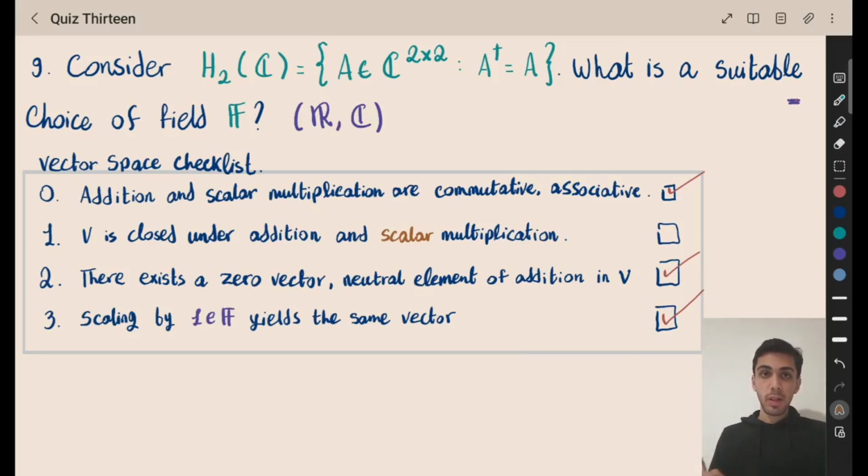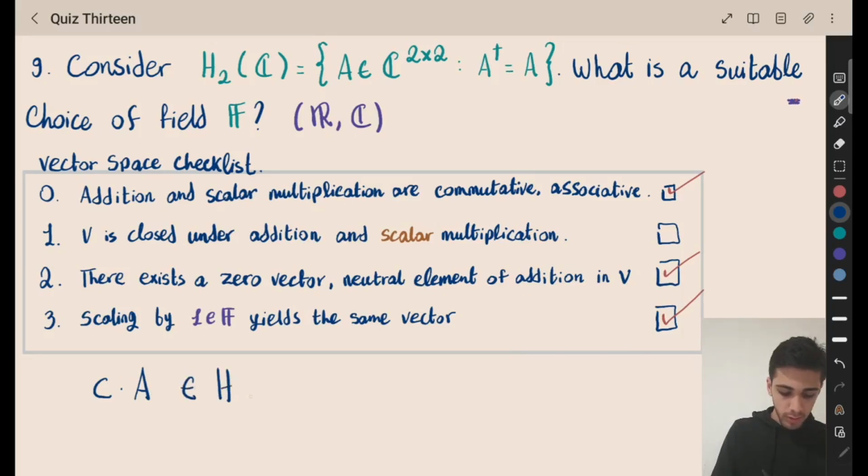And it is a sensitive area where many issues might arise. So by scalar multiplication, we mean to ask the following question. Is C times A still a matrix in H2C?